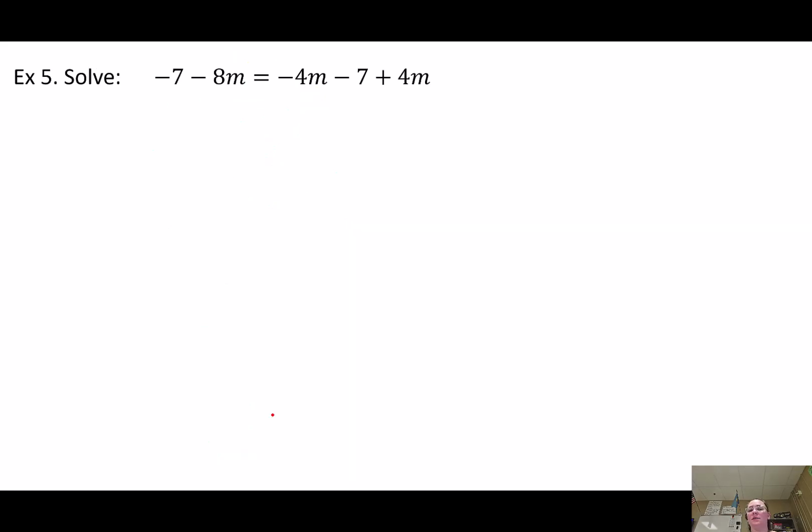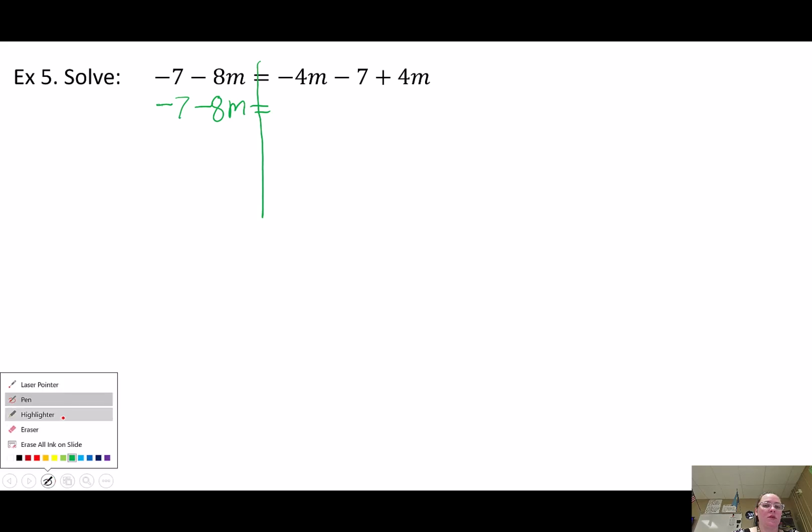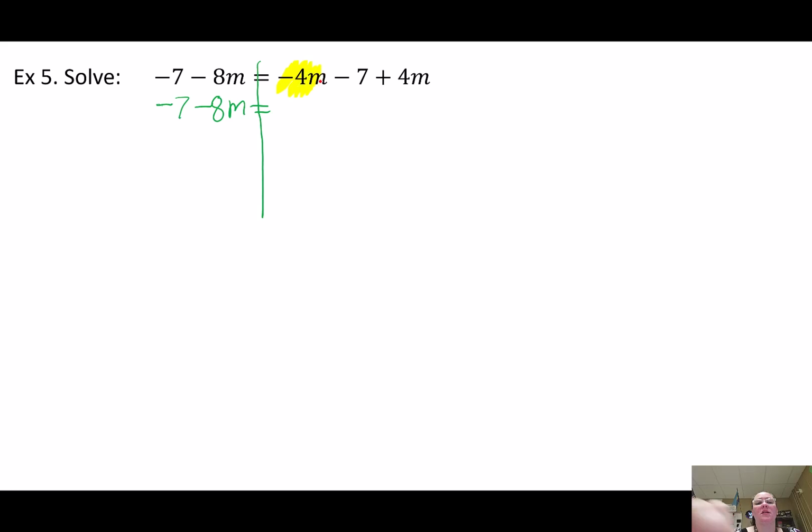All right, looking at one last example here. So I've got negative 7 minus 8m equals negative 4m minus 7 plus 4m. So left side has nothing to simplify, so it's just going to be brought down. Right side, I do have like terms, negative 4m and 4m.